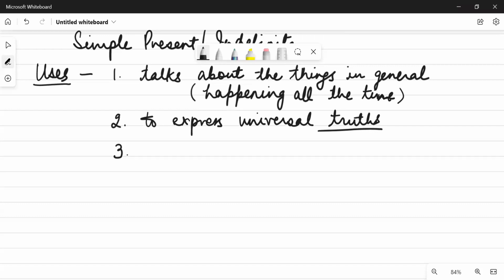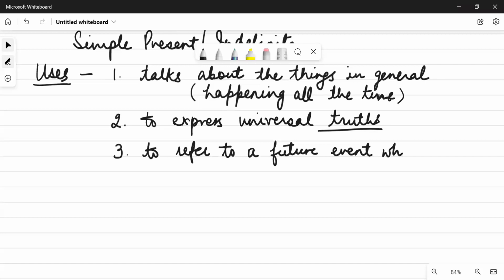Now, another use which I would like to refer to here, which is very important, is to refer to the future also. Sometimes we use simple present to refer to a future event which has a fixed schedule. Please understand.